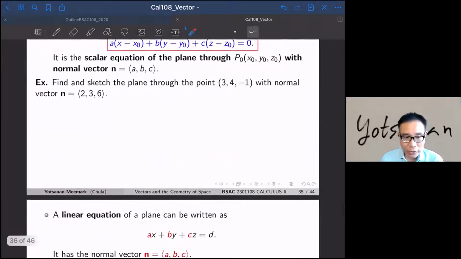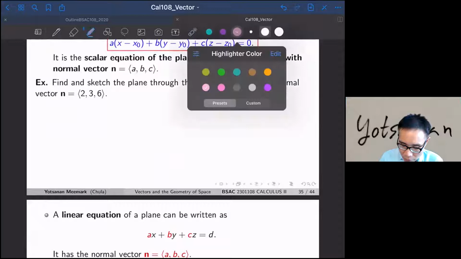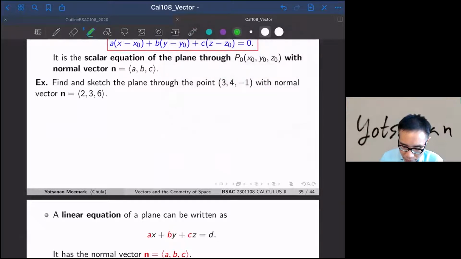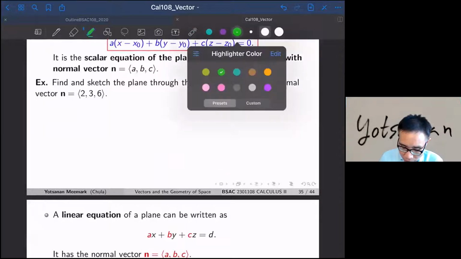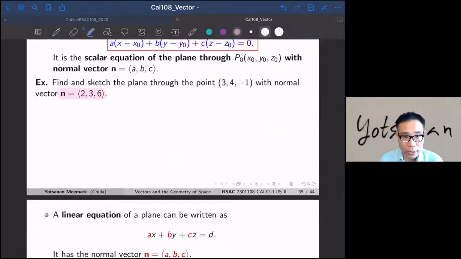Okay, so let's try to find and sketch the plane through the point (3, 4, -1) with the normal vector n equal to (2, 3, 6). So you know that you have the normal vector n, the pink one, and you have the point (x0, y0, z0).